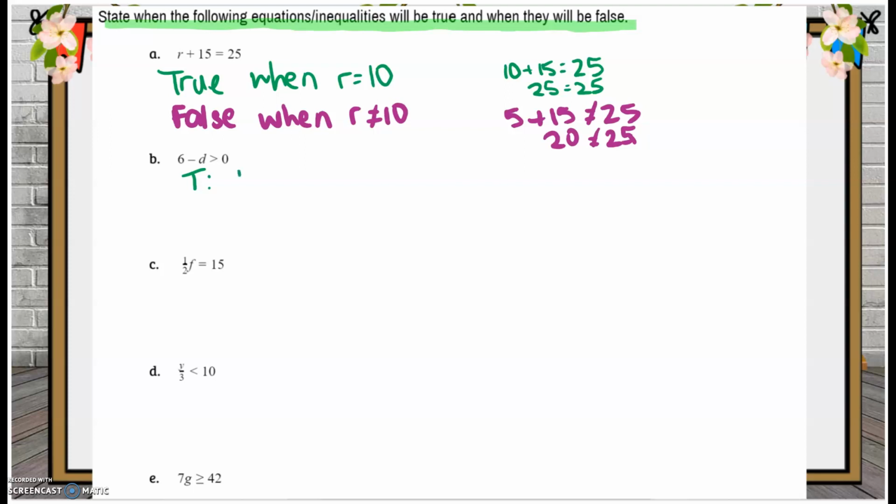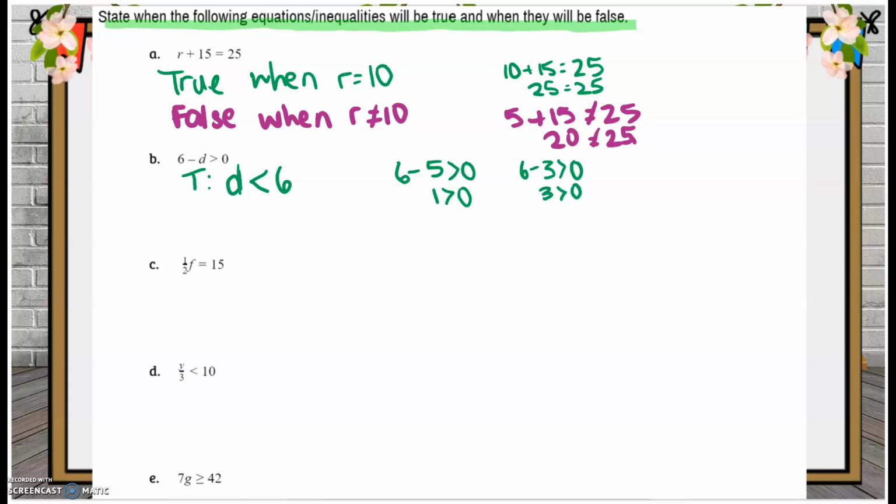So whenever d is a number that is less than 6, then we would have a true statement. For example, if we had 6 minus 5, is that greater than 0? 6 minus 5 is 1, and 1 is greater than 0. What about another number that's less than 6, like 3? 6 minus 3, is that greater than 0? 6 minus 3 is 3, and 3 is greater than 0.